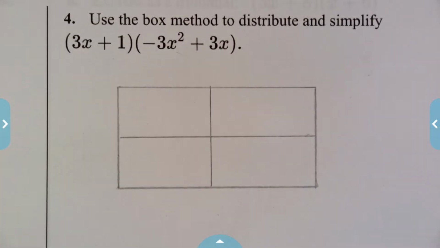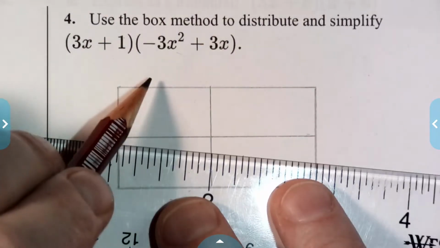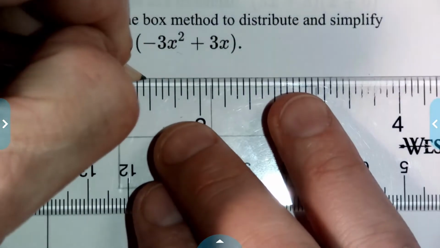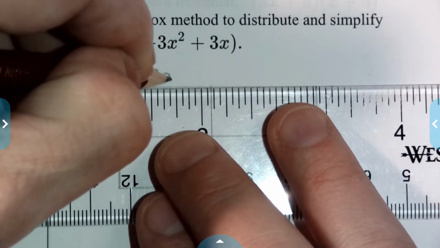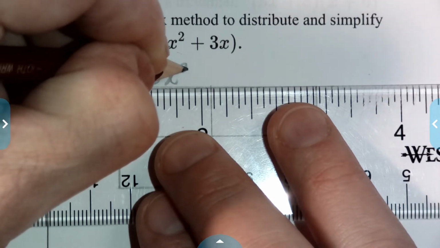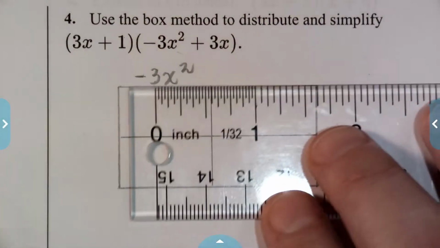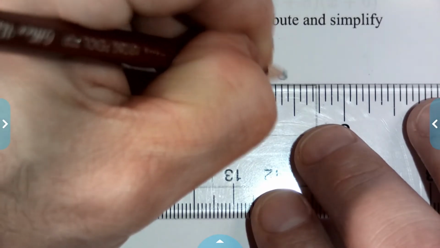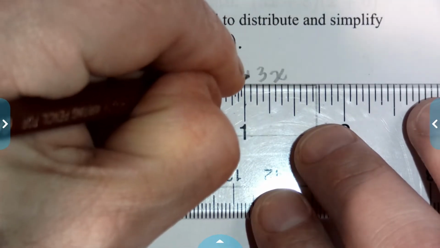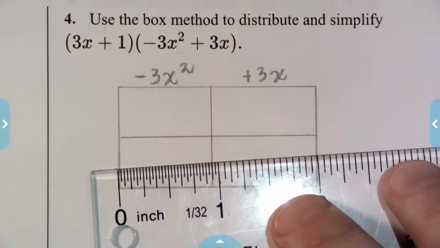Just like that. Okay. Now, up here above, I'm going to write negative 3x squared. Okay. And then over here, I'm going to write 3x. You could put the plus symbol. It doesn't matter.